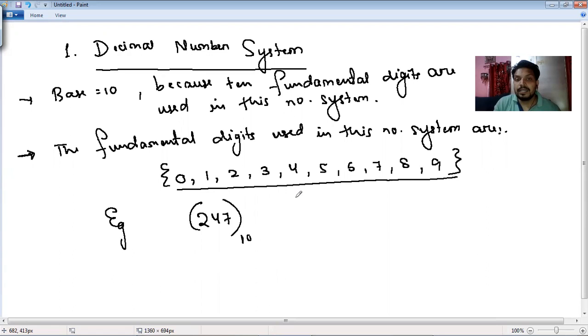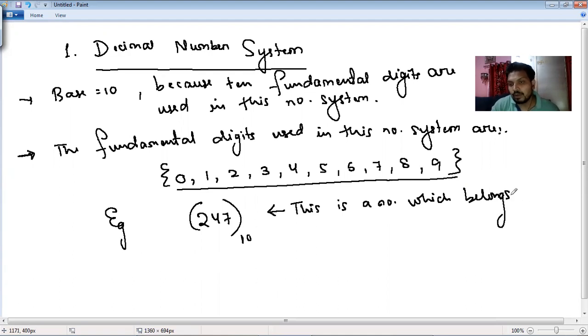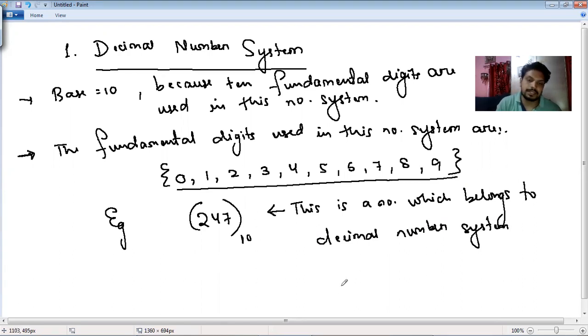So this is a number which belongs to decimal number system. Okay, this is example 1.